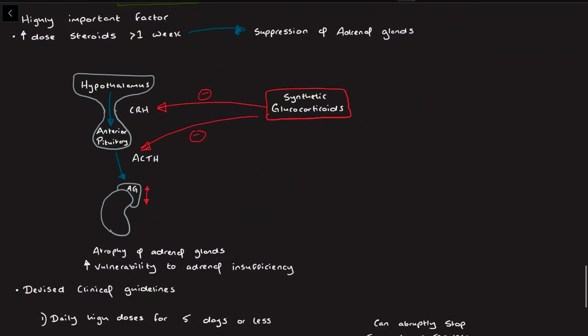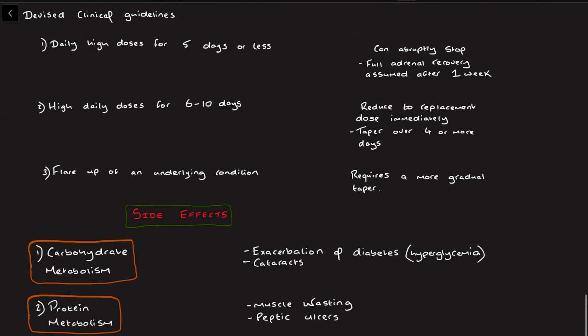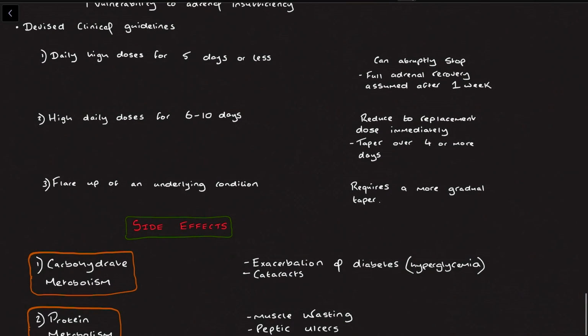Clinical guidelines have thereby been devised to estimate the potential adrenal suppression and recovery to reduce the risk to the patient. So, for example, if a patient has been receiving daily high doses for 5 days or less, they can abruptly stop. Full adrenal recovery can be assumed to occur by a week afterwards.